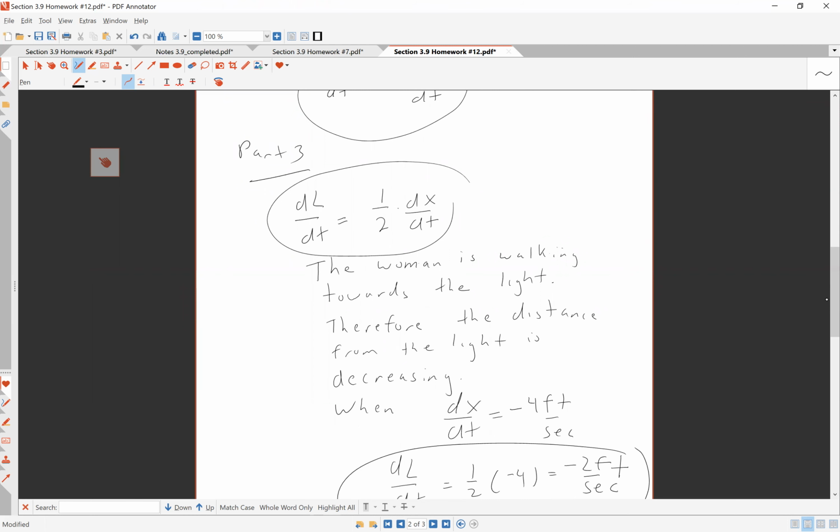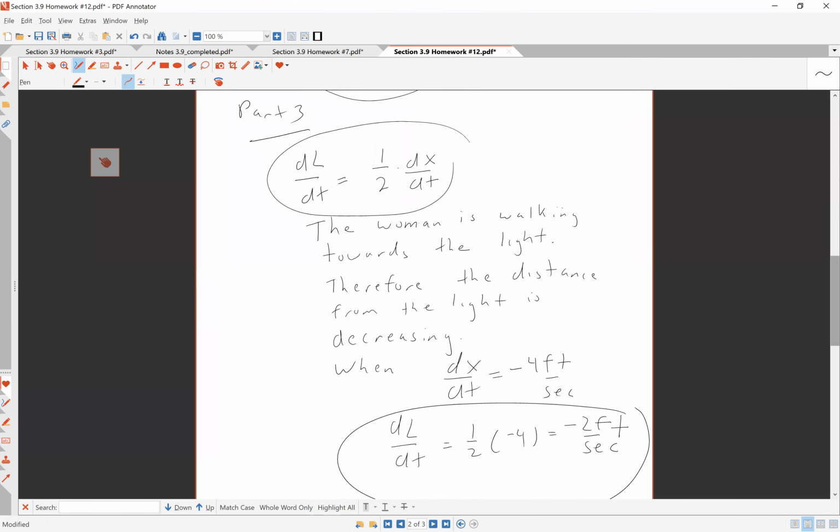That means dx/dt is negative, minus 4 feet per second. Just plug that into this formula. So the length of the shadow is changing at a rate of minus 2 feet per second, when she's 16 feet away and the distance from the light is changing at minus 4 feet per second.